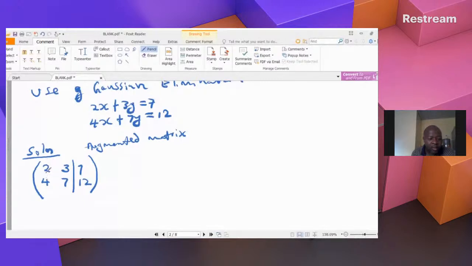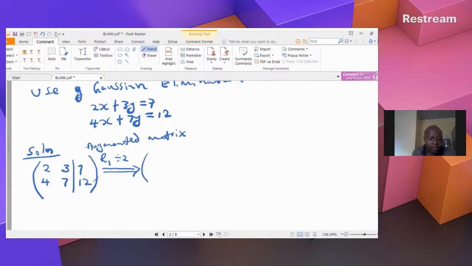So I want the first entry, the entry in the first row, first column, to be a 1. The first thing I do is divide row 1 by 2. And once this entry becomes a 1, I have to use it to clear the other entries below it, make them 0.